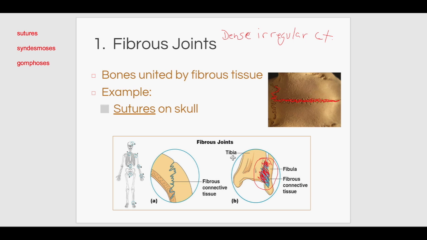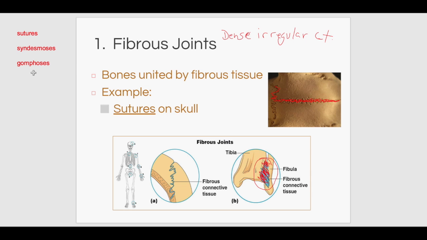So for instance, in between the tibia and the fibula, as you take a step, there is a little bit of motion or wiggle room, let's just say, as you're moving your ankle bones. There'll be a little bit of movement within the fibula and tibia. So these are considered amphiarthrosis.